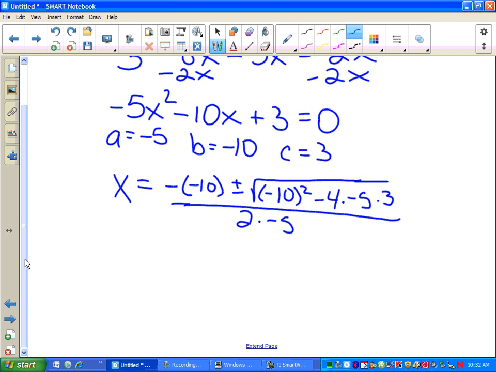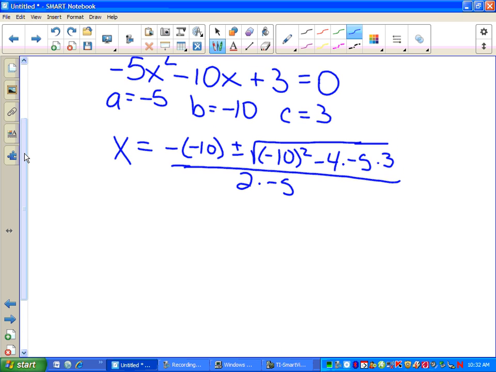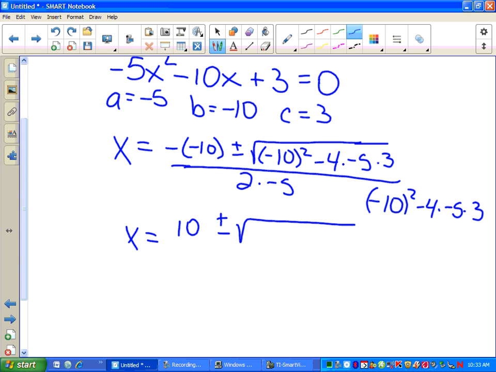Okay, pause the video if you need to and look at that again. But let's get started. X equals, now what did we say? A negative 10 would be a positive 10 plus or minus a square root. Okay, let's take this thing I call the discriminant over here. So it's negative 10 squared minus 4 times negative 5 times 3. Well, what is negative 10 squared? That's 100.